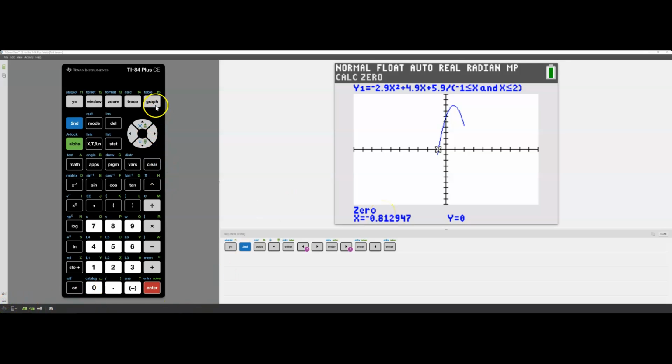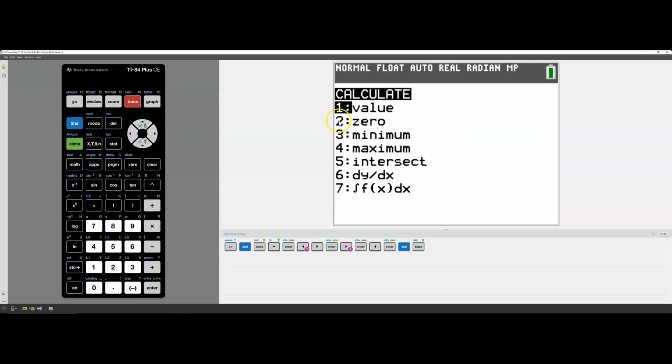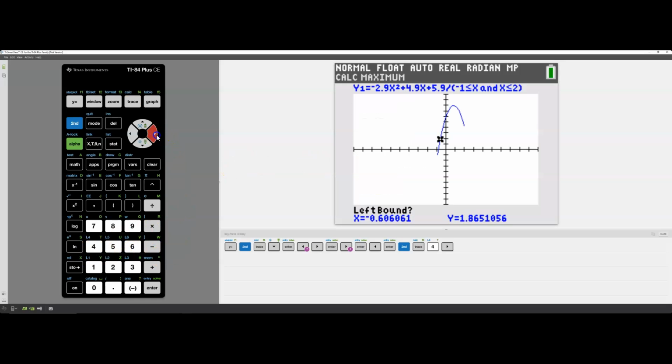All right, now I want to get the vertex. That's going to be a maximum. So to do that, I'm going to go second calc, and I'm going to pick number 4, maximum. And then I'm going to do my left bound before the vertex. Enter.